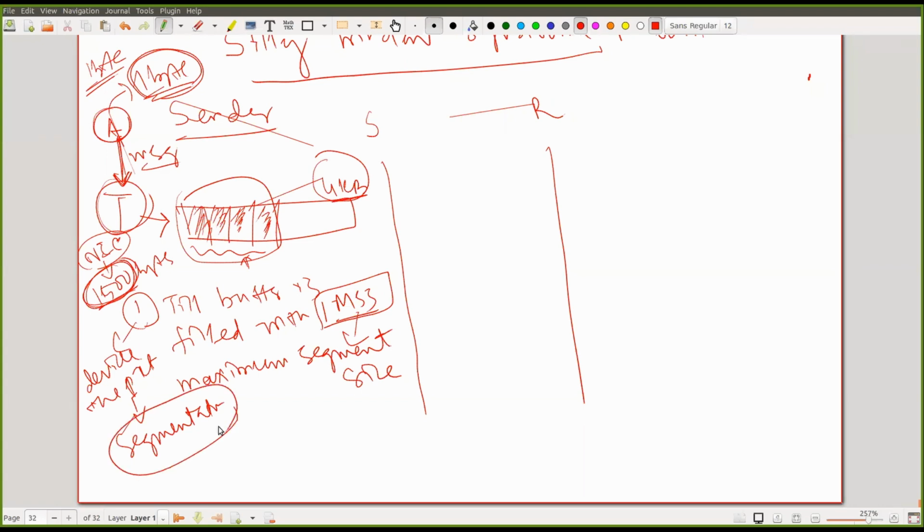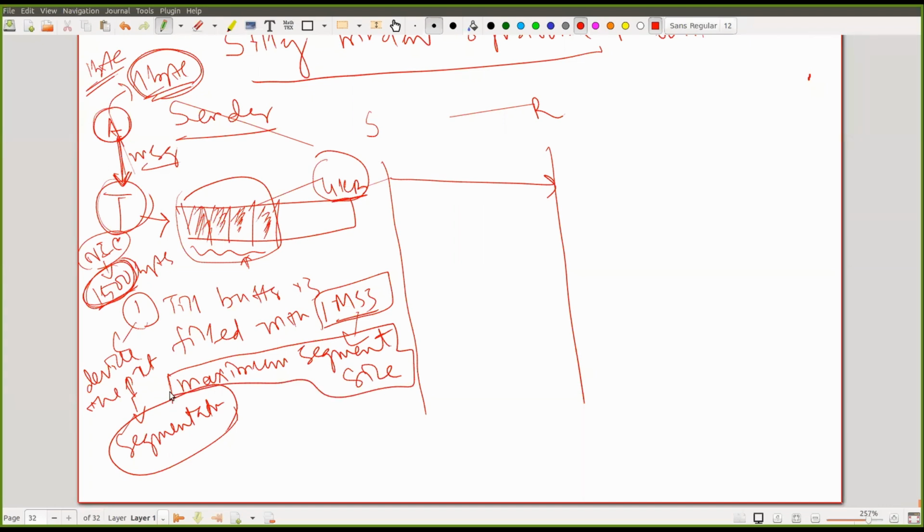Even if my application layer generates 4 KB of data because my buffer size is 4 KB, I cannot send a 4 KB packet to the network. Rather, I can send a packet of maximum segment size into the network.